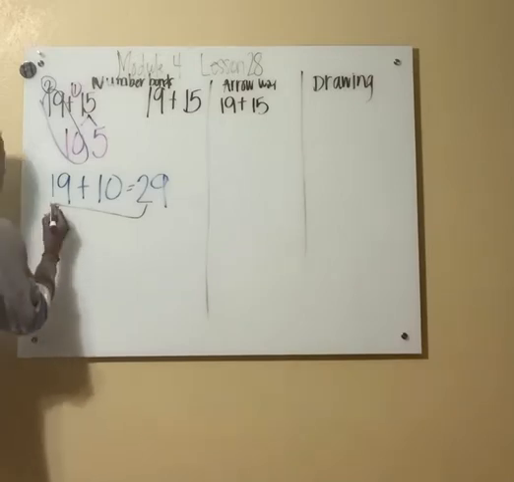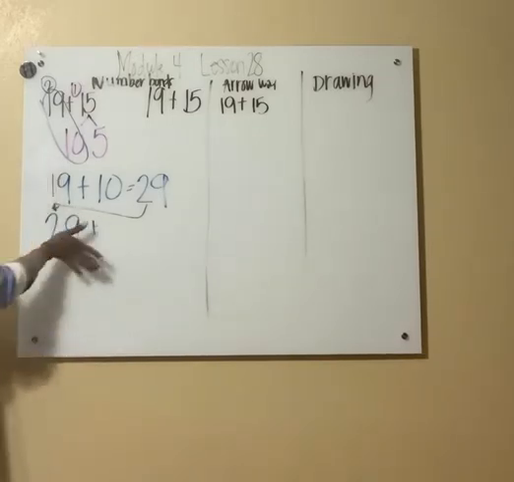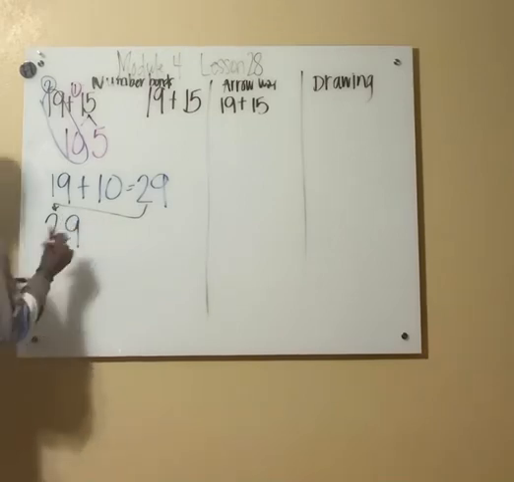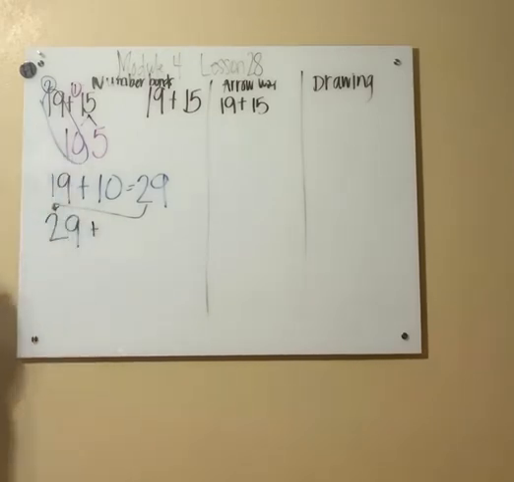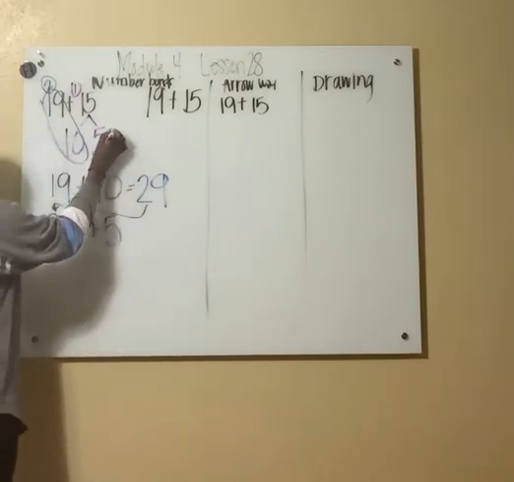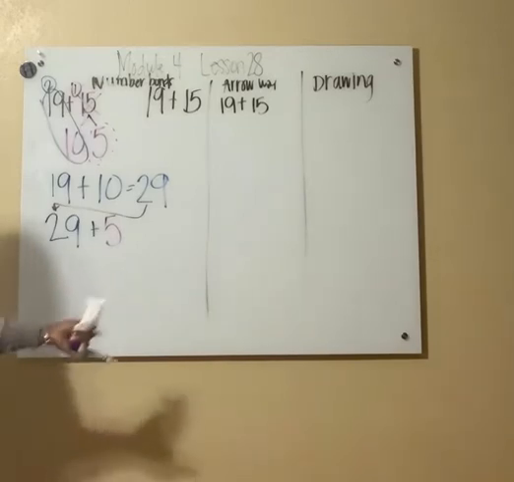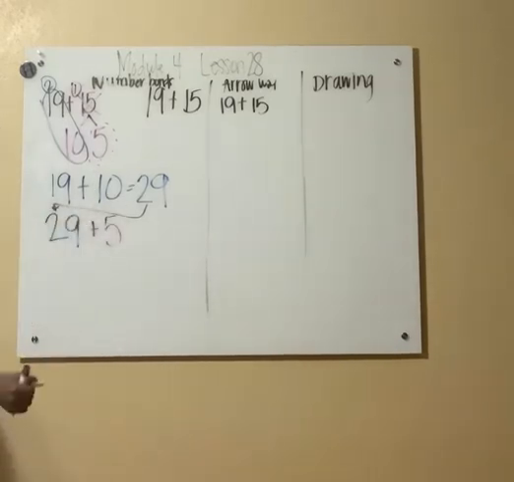So now you have 29 plus, cannot forget your 5. Your 5 is left. Plus your 5. That's the only thing you have left to add, because remember, we killed that 15. You ripped it apart into 10 and 5. So the only thing you have left is your 5.